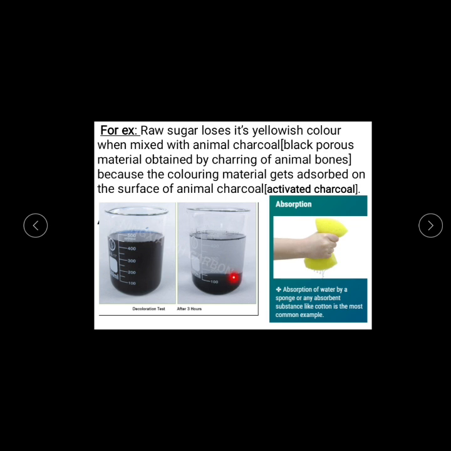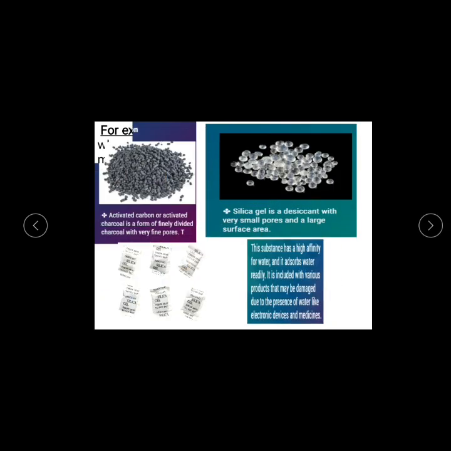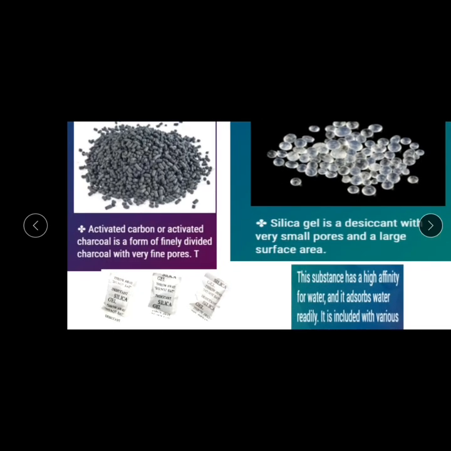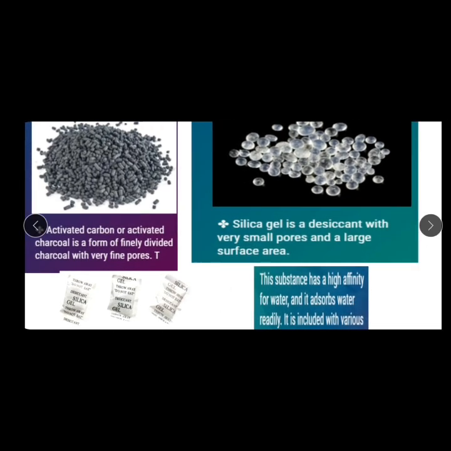The activated charcoal adsorbs the colored impurities and it settles down and the solution has become clear. Here you can see the picture of activated carbon or activated charcoal which is highly porous.